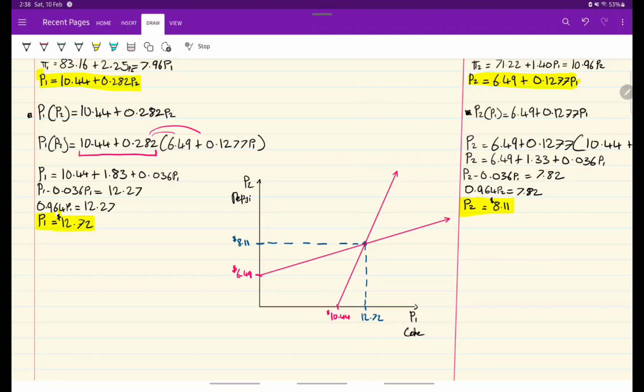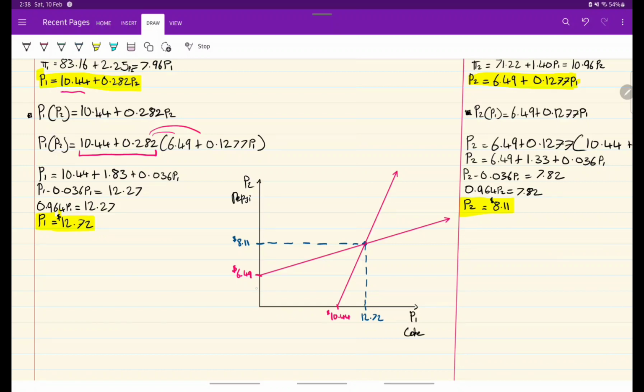You have a positive there, which means that is going to be your intercept on the x-axis for, well, that's P2, sorry. So on the x-axis for Coke, you put $10.44, which is, you go out $10, and that's the only way they're constant.